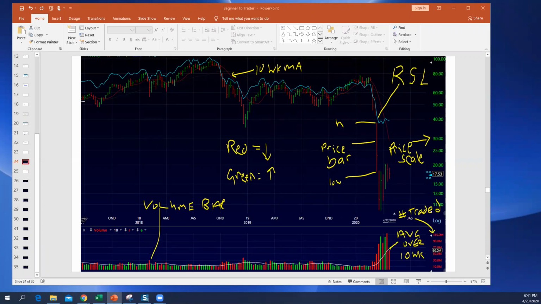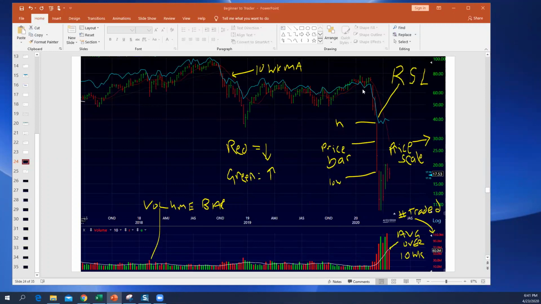Okay, so we have a question. RSL stands for relative strength line, and that's a line that tells you how this stock is performing relative to the broad market, which is the S&P 500 index. The way to read it is, if it's sloping down, that means this stock is underperforming.